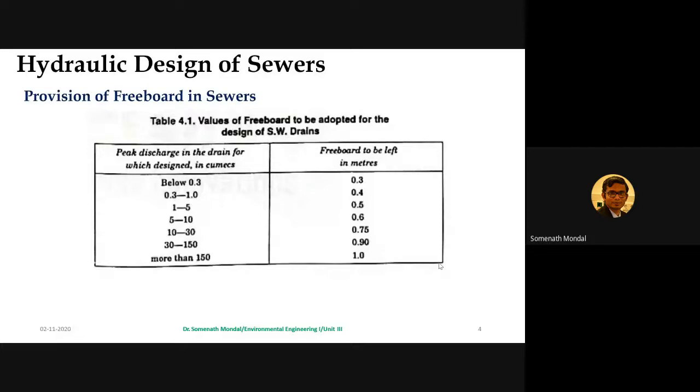Now the important part which I am going to talk about is the freeboard. This is a component which is very very important, the provision of freeboard in the case of sewers and stormwater drains. Now the sanitary sewers, as we have discussed before, are large enough to carry the maximum sewage discharge while flowing half or 3/4 or 2/3 full.